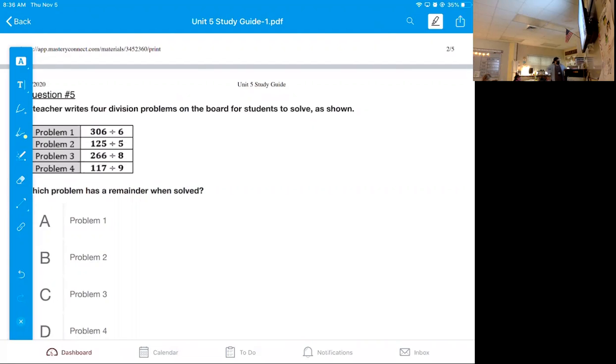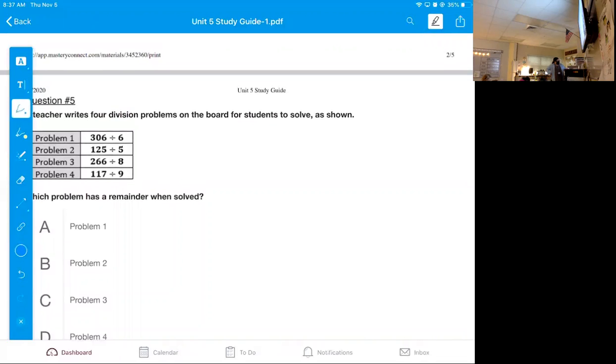So we're going to start with problem number 1 and check it. So we're going to write down 306 divided by 6. So thinking about my 6 facts, somebody raise your hand and give me one that gets me close to 30 without going over. Caitlin? 6 times 5. Okay, so I would write a 5 at the top, and 6 times 5 is what? 30.